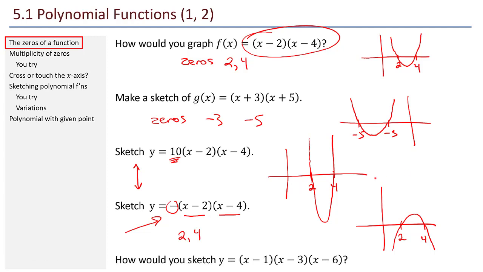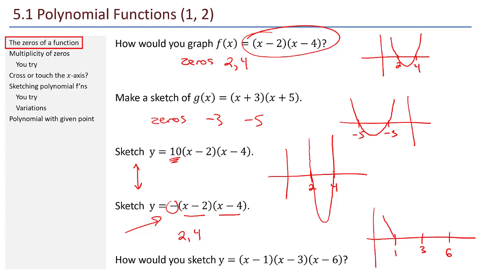Oh, this is a tricky one. How would you sketch y equals x minus 1 times x minus 3 times x minus 6? Well, I know where the zeros are. The zeros are at 1, 3, and 6. But how does the graph actually pass through there?